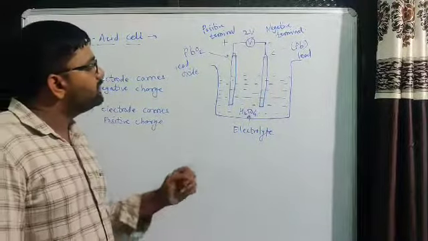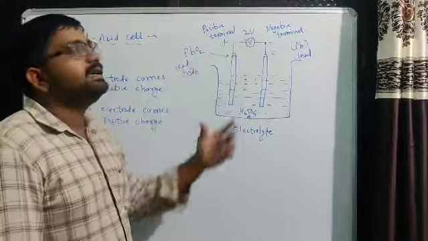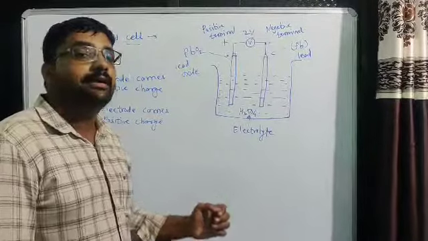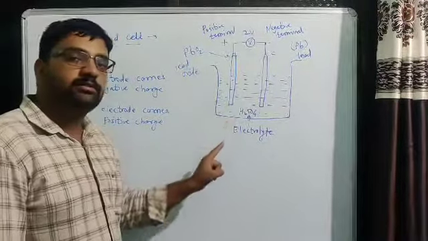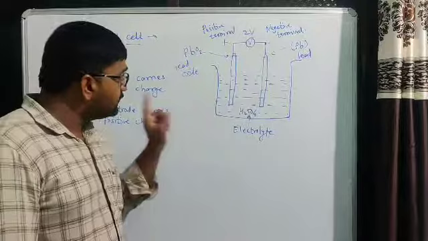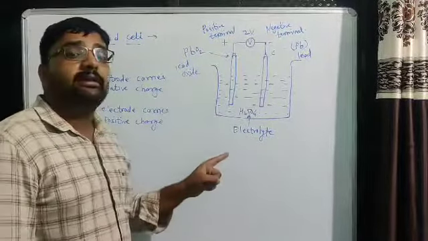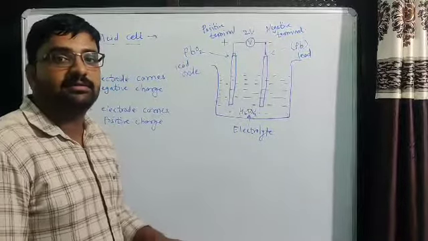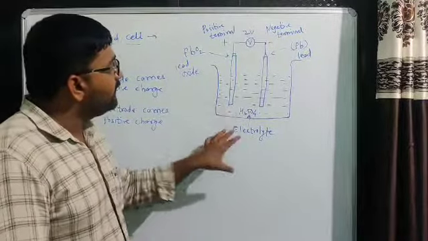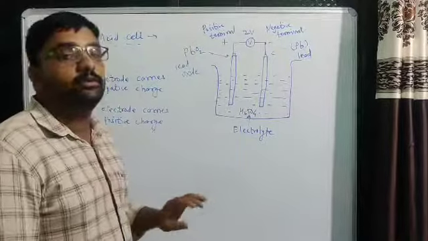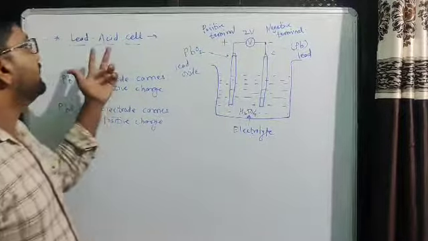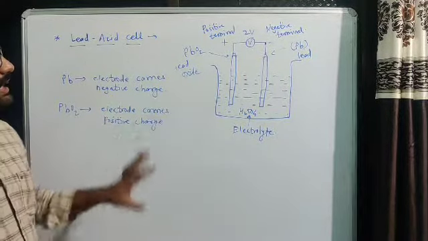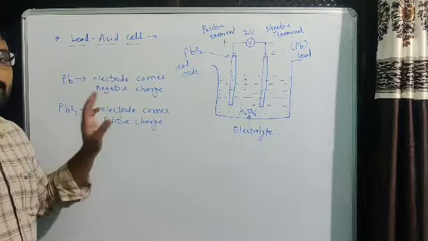As charges move, electricity is generated and a potential difference up to 2 volt is produced. These cells are generally used in the batteries of vehicles: trucks, buses, cars. So this is the second type of cell, the lead acid cell. Just see the diagram and remember its working.